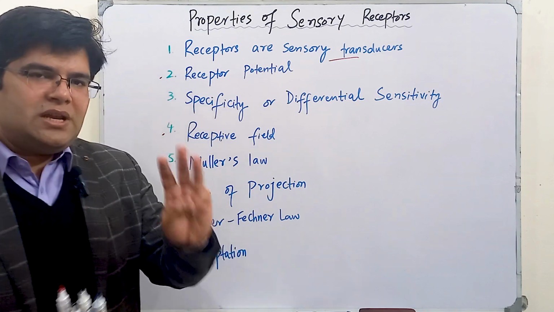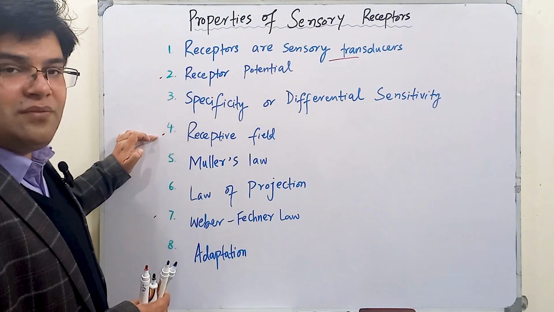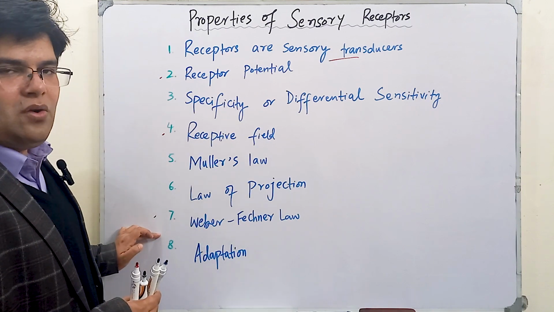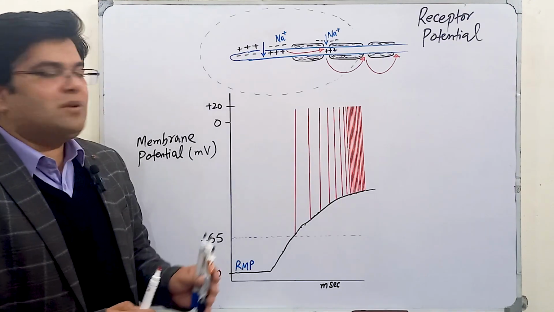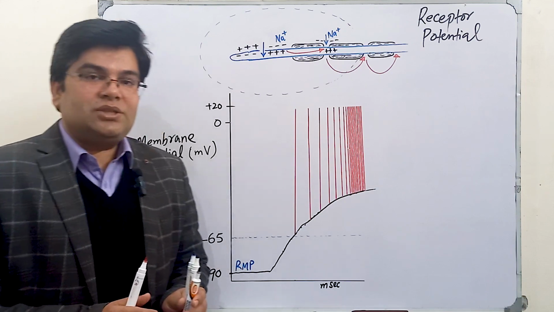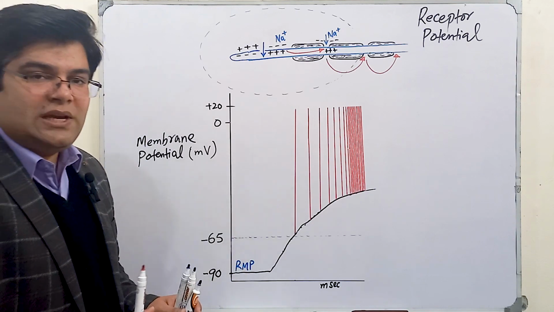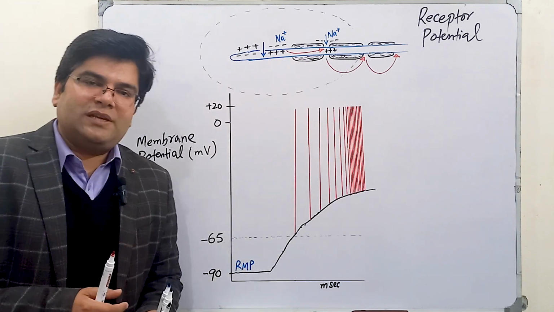Now we will discuss three properties of receptors in detail, which are receptor potential, receptive fields, and Weber-Fechner law. We'll talk about receptor potential in a little bit more detail, also called generator potential. This is the membrane potential change which is produced when a stimulus is given to a receptor.